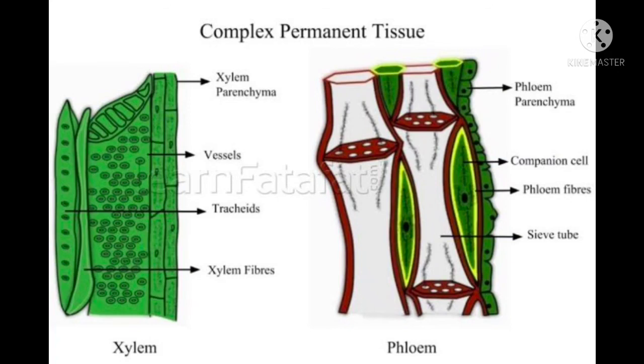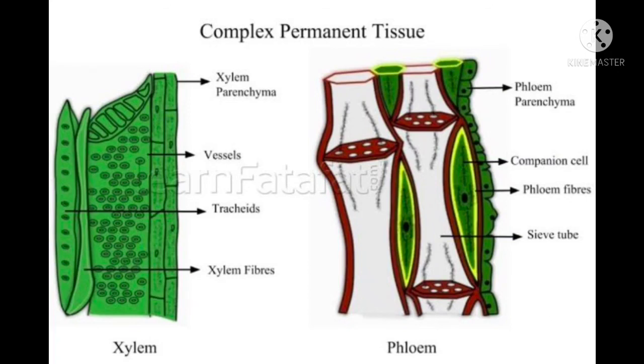Now the phloem. See the phloem parenchyma. Companion cells are there, sieve tubes are there. Sieve tubes are present in the center, and companion cells are on the outer side of the sieve tube, as you can see in the image.